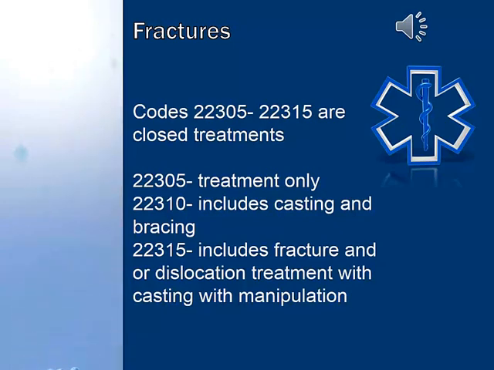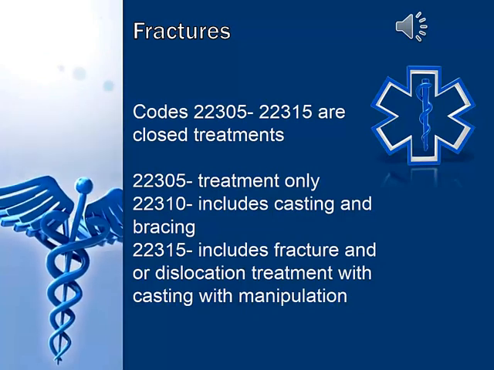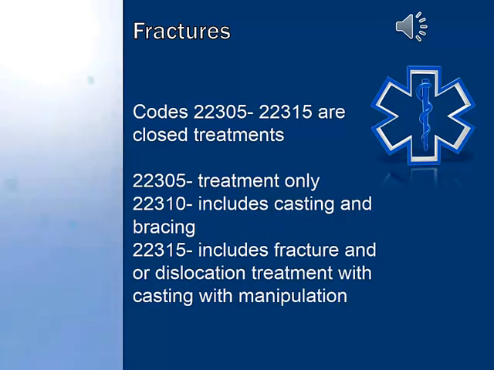If you need to report for instrumentation procedures, you will see codes 22840 to 22855. You will also need to make sure if you need to code for the actual bone graft, you will need to go to codes 20930 to 20938.